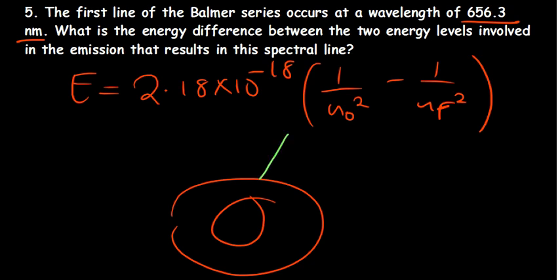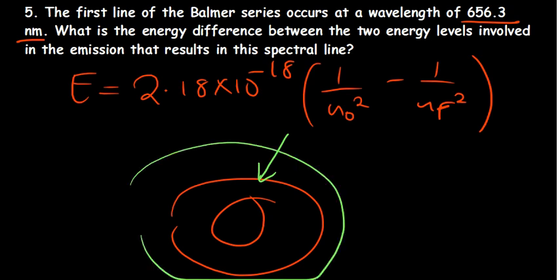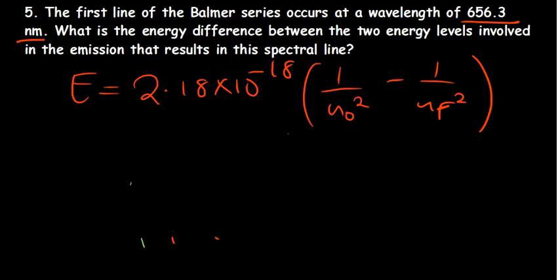For the Balmer, it's the second energy level. So the first transition to the Balmer comes from the third energy level to the second. That's the first transition. Therefore, the initial for the first line of the Balmer series is 1 over 3, going to 1 over 2.